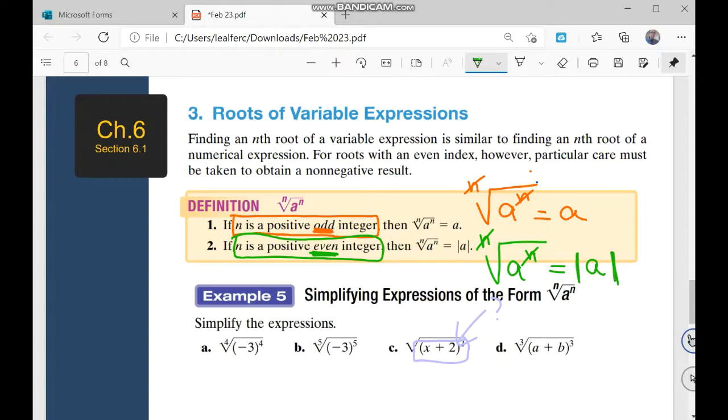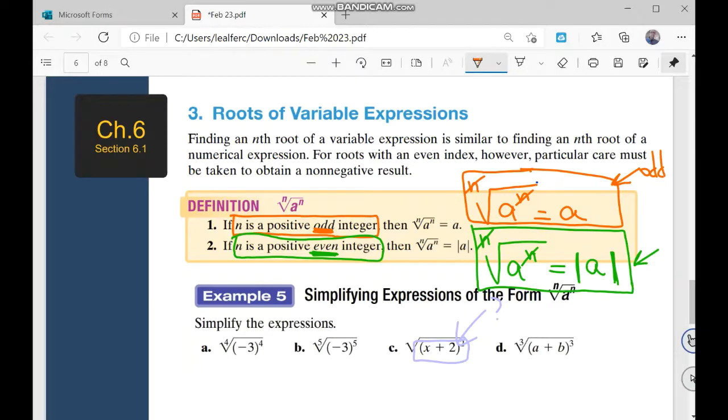So you're going to use the absolute value of a. Those are the two situations. If n is even, it's this. If n is odd, you have that. Odd and even.